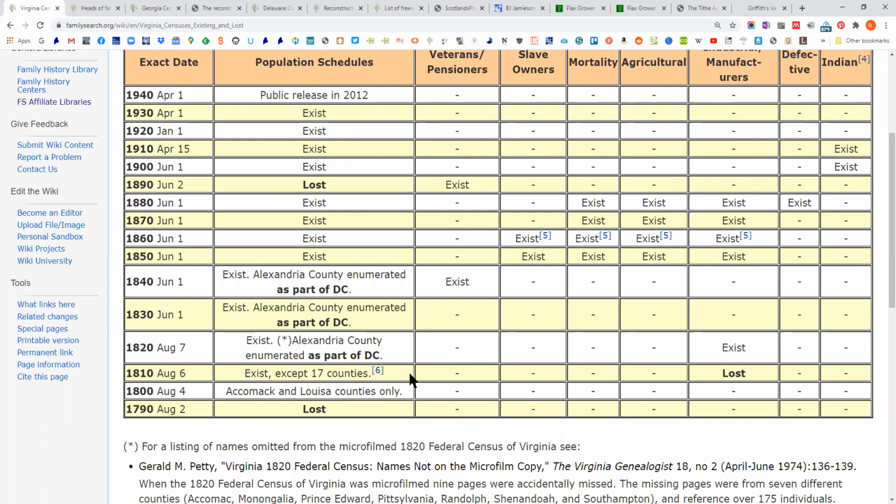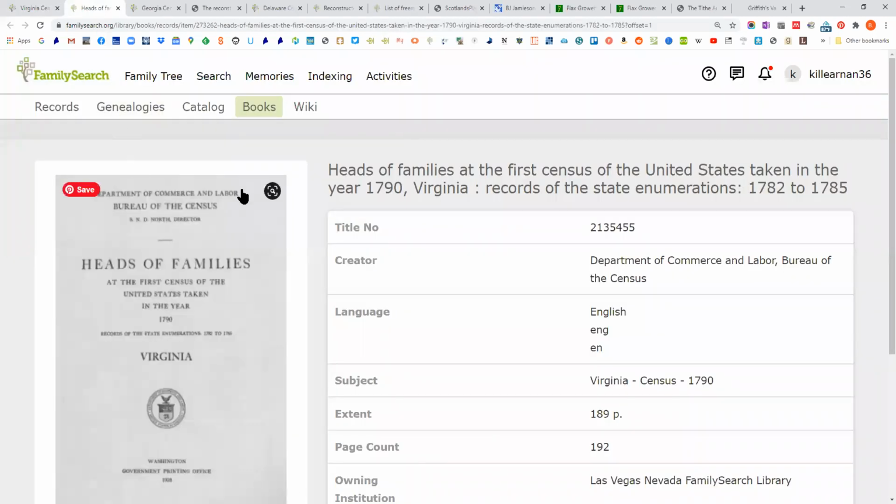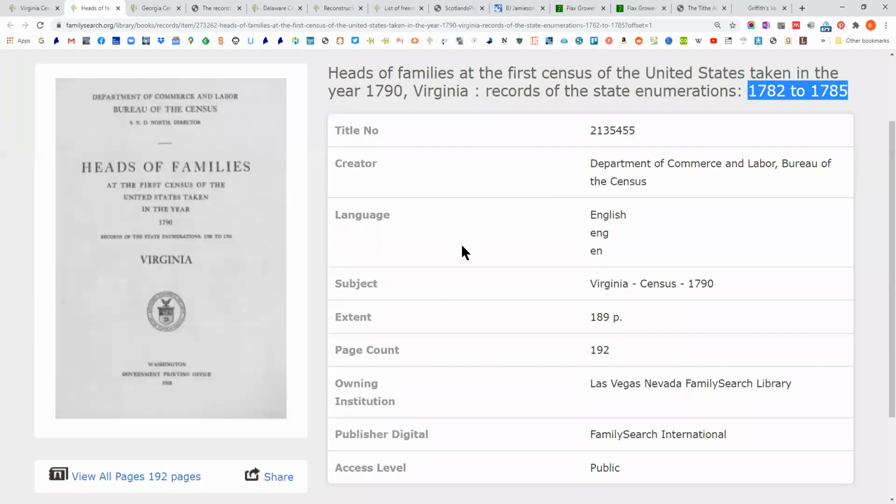And so, for example, with the 1790, there's an attempt to look at various lists of people from 1782 to 1785 as a way of, if not completely reconstructing who was there in 1790, at least having some aspect of that.